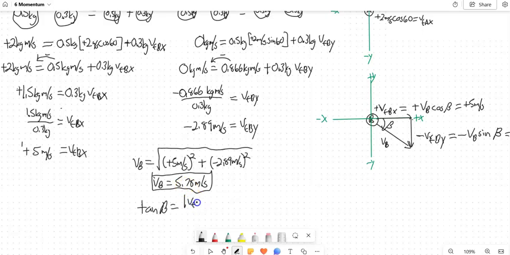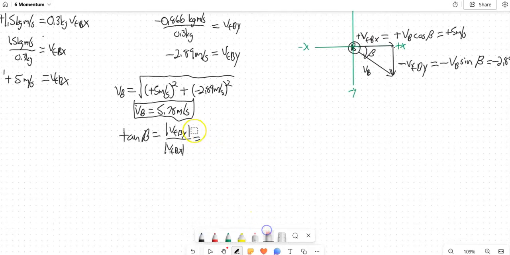I just need the number. Okay, V final BY over V final BX. And then we're going to take the inverse tangent of both those. So what this is going to yield is beta, which is the angle.